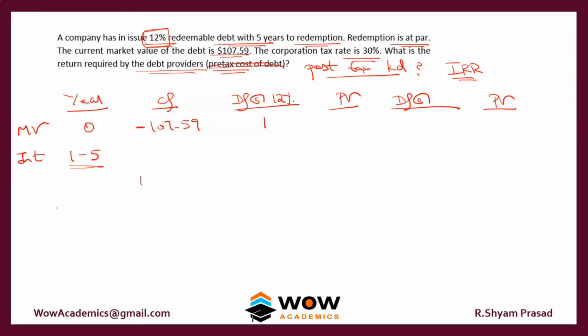So 12% into 100 into 1 minus 0.3. This gives you the after tax interest. How did we get 100? The market value of the bond is 107, which means the nominal value is 100. This gives you 8.4.